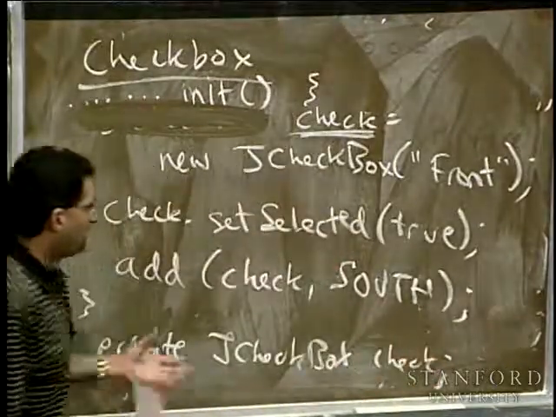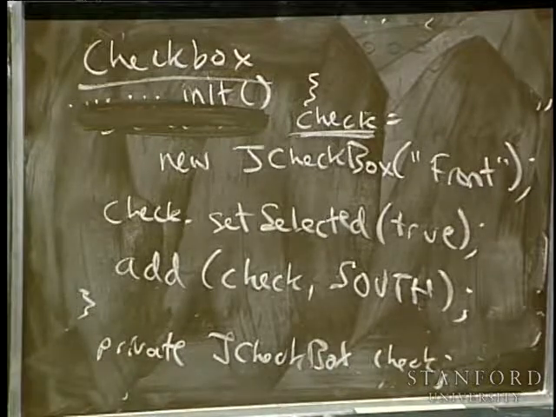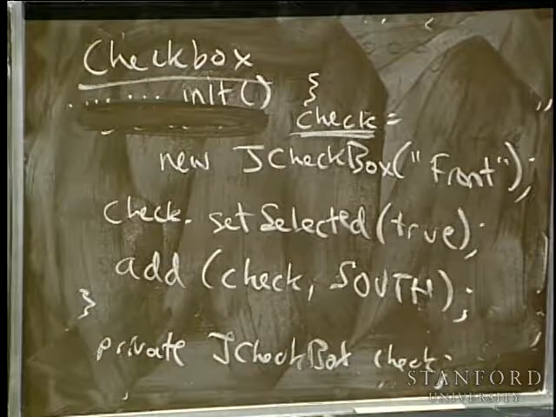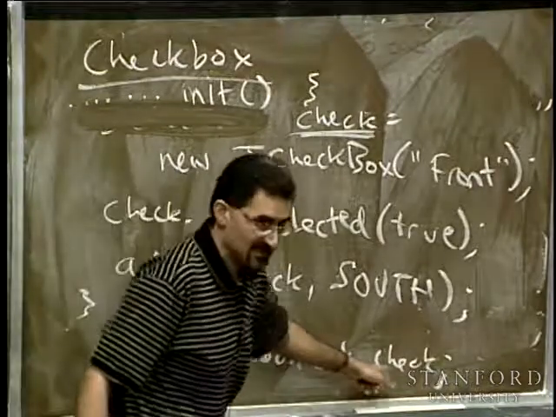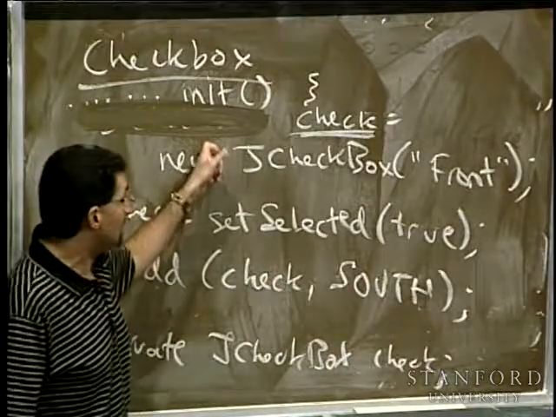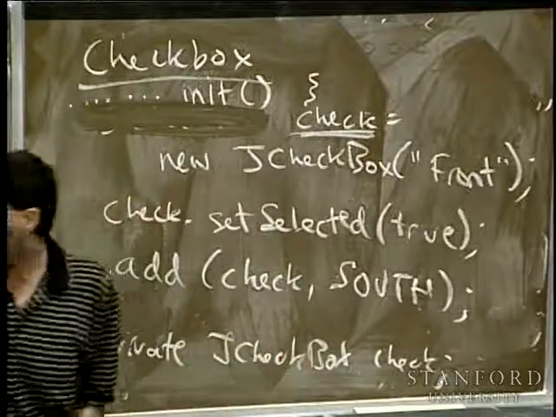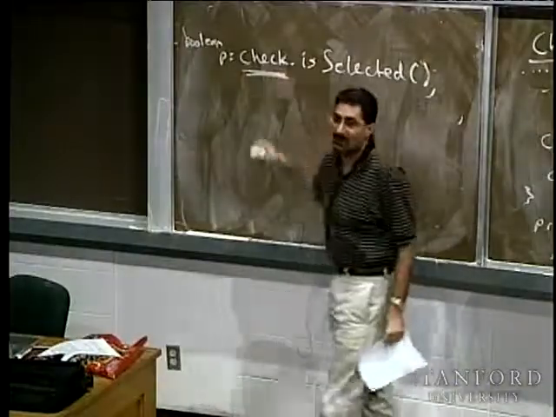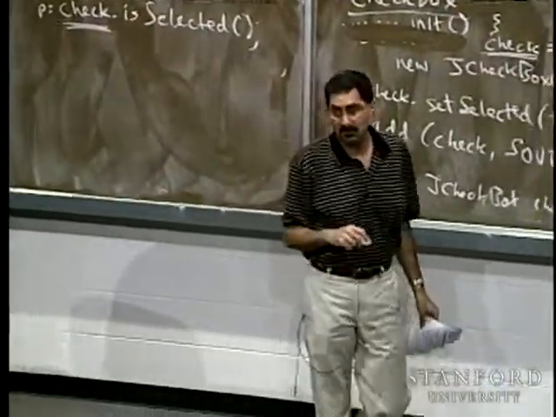Which means I'm going to have this instance variable. There's something I need to be able to keep track of in between method calls, so I'm going to declare it as an instance variable. I will create a new one in init, but this is actually just setting this instance variable, so somewhere else in my program I can refer to that instance variable. Okay?